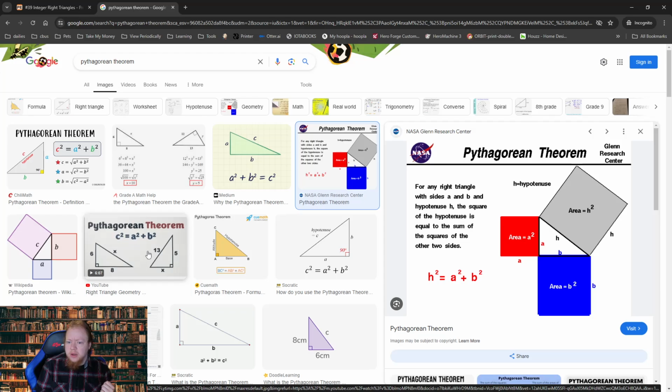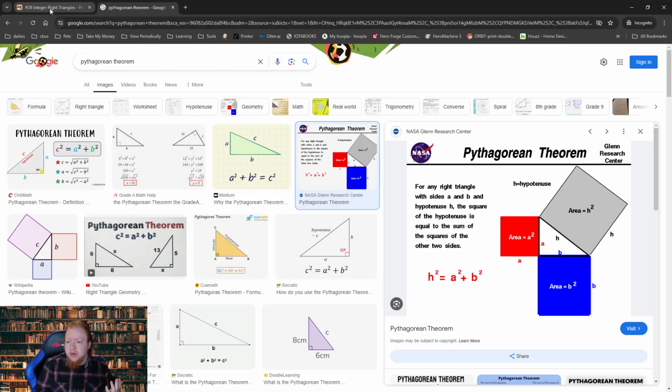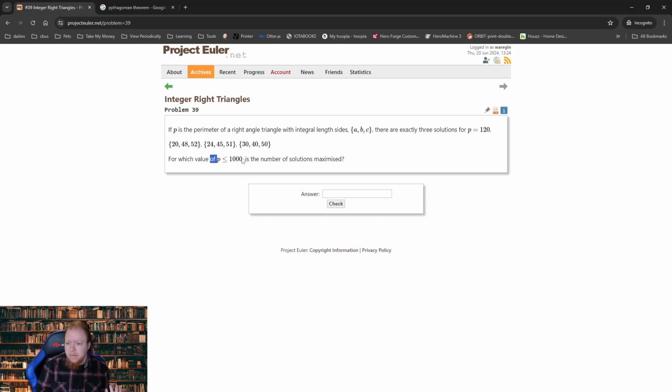Okay. So what we're going to end up having to do here is, for each number P less than or equal to 1000, we're going to have to see if we can solve for A, B, C given P, and what the solutions are.